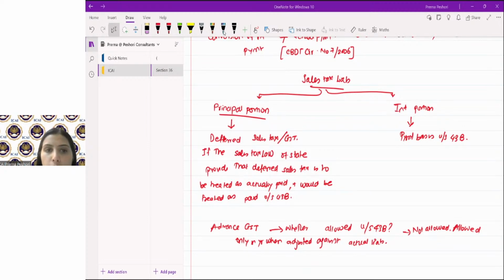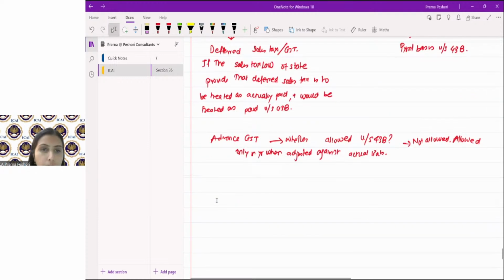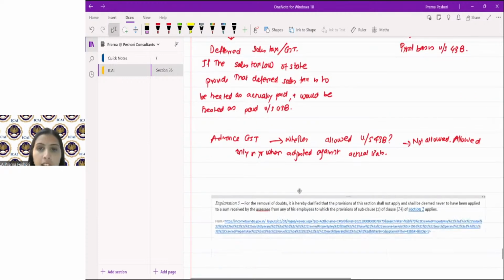Also, as I said, in 43B there is a specific explanation. Maybe you can put it down for your record, which is a recently introduced explanation, Explanation 5, for the employee's contribution to the PF. It is hereby clarified that the provisions will not apply and shall be deemed never to have applied to a sum received by the assessee from any of the employees to which the provision of 36(1)(va) applies, which is the employee's contribution. As I said, it is treated as your income first.